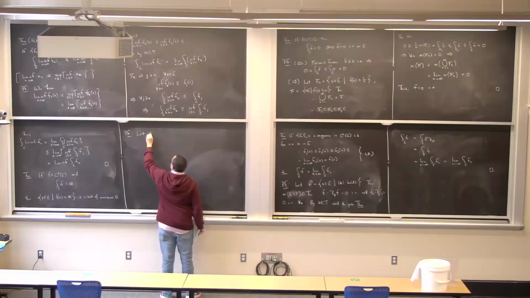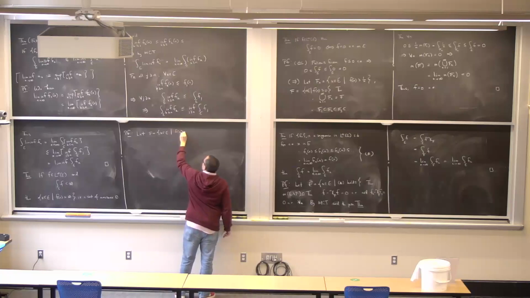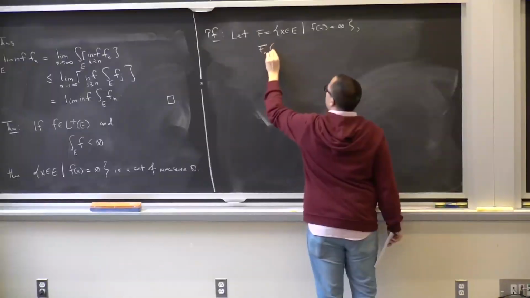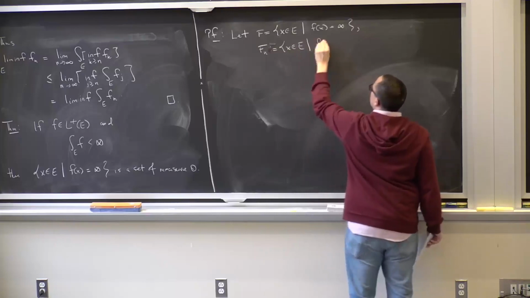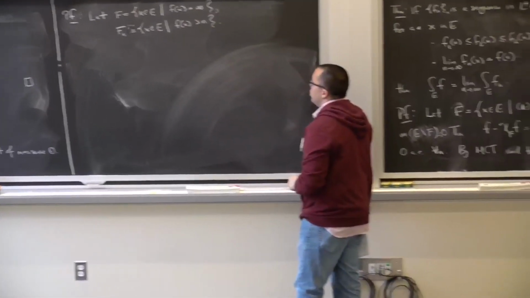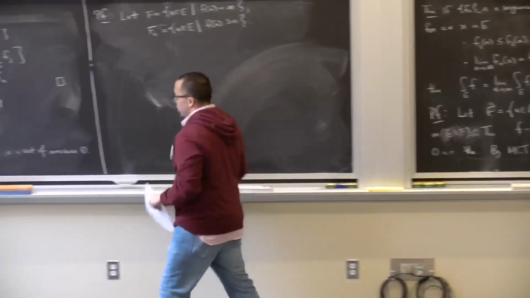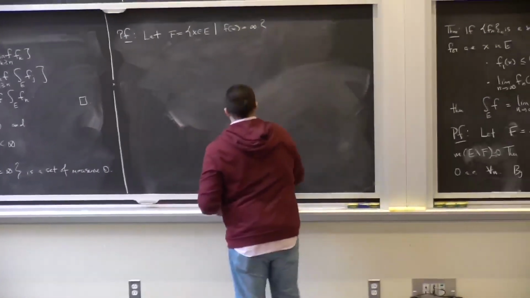So let F be the set of all x in E such that f of x equals infinity, and Fn be the set of all x's in E such that f of x is bigger than n. Oh, well, that's what I had in my mind, but what I wrote in my notes is a little bit different than the proof I had in mind just now.